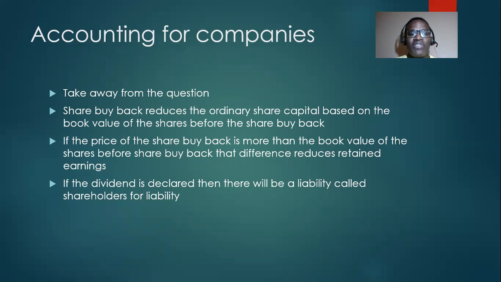Number two, if the price of the share buyback is more than the book value of those shares before the buyback, then the difference is going to reduce the retained earnings, right? Number three, if a dividend is declared and not paid, then there will be a liability called shareholders for dividends.